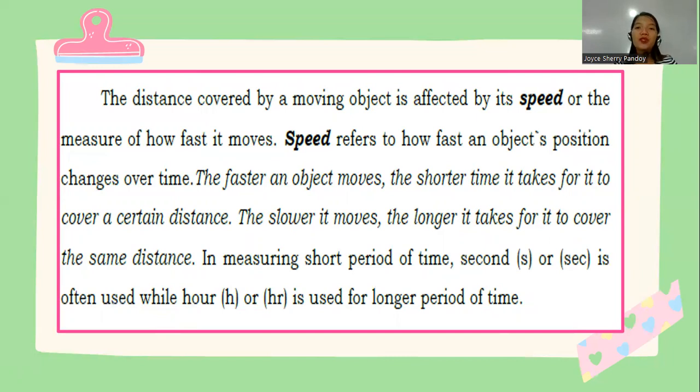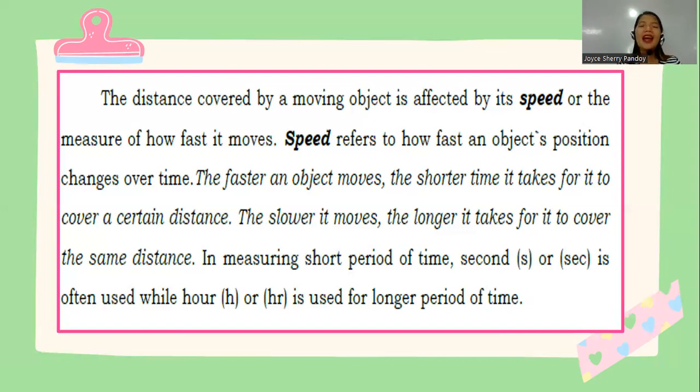Speed refers to how fast an object position changes over time. Na? Pariha ganina ni Jahara and ni Jewel, gi-measure nato kinsay mas paspas mulakaw nilang duha. Given the situation. Given the time nga ning abot sila sa eskwelahan.